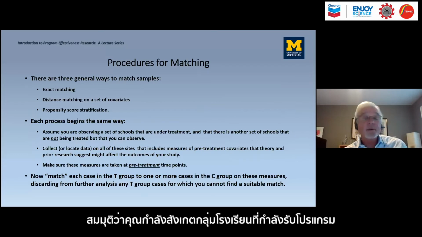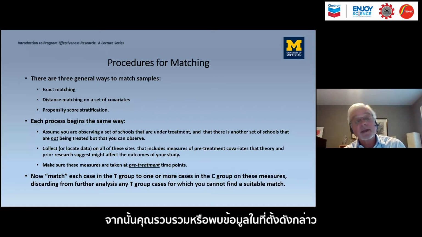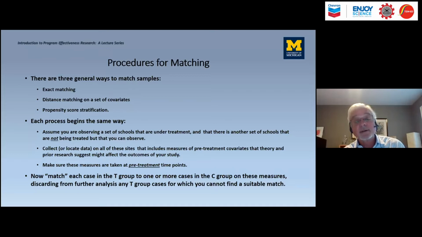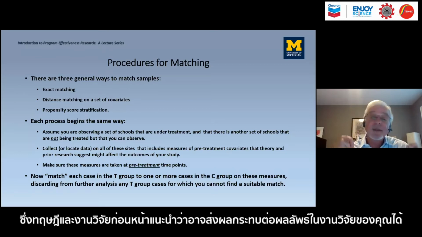Let's just assume you're observing a set of schools that are under treatment, and there's another set of schools out there that aren't being treated, but you can get data on those sites. Then you collect or locate data on all those sites that includes measures of pre-treatment covariates that theory and prior research suggest could affect the outcomes of your study.